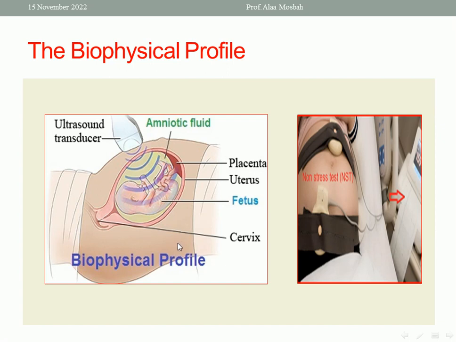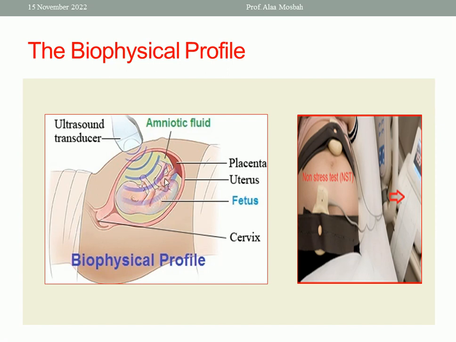So, single pocket, or using the amniotic fluid index, we divide the uterine cavity into 4 quadrants as I mentioned, and we measure the maximum vertical amniotic fluid pocket diameter in each quadrant.